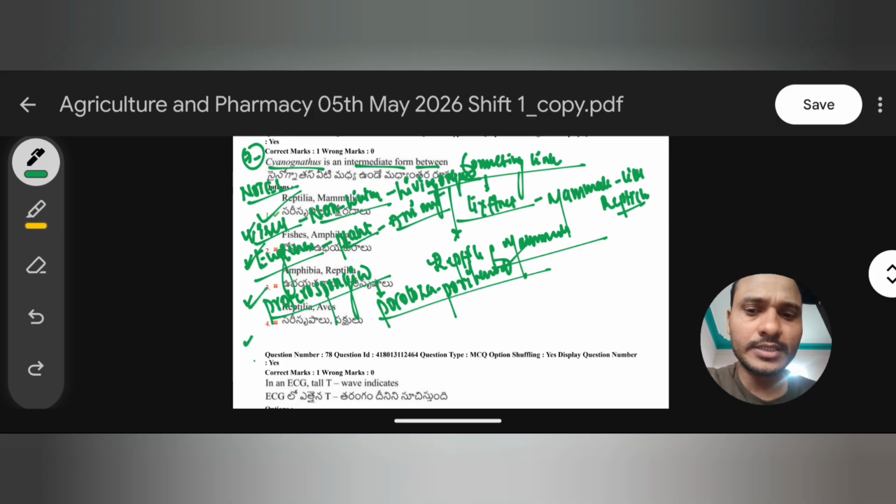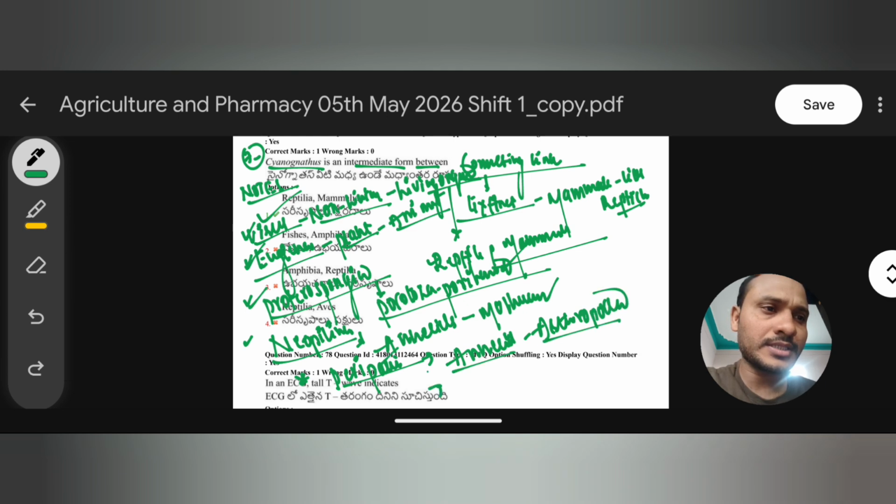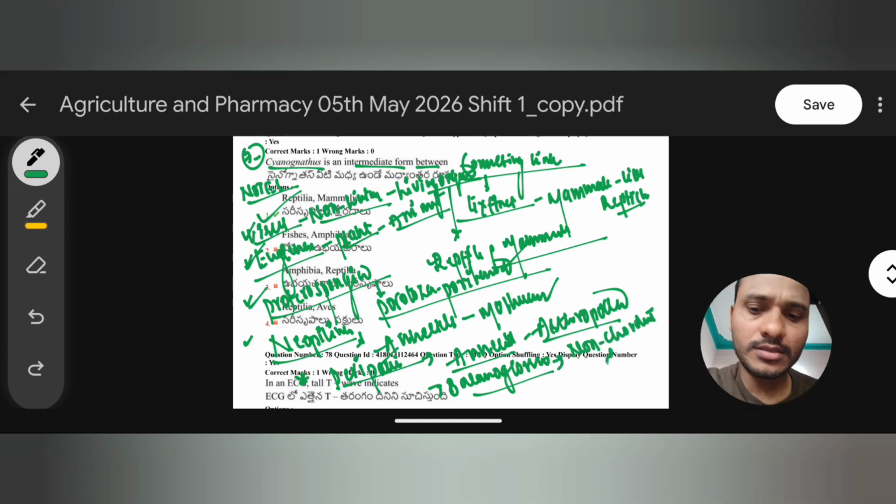And one more connecting link to remember is Neopilina. Neopilina is a connecting link between the annelid phylum and the mollusca phylum. And very important, Peripatus. Peripatus is a connecting link between Annelida and Arthropoda. And one more important intermediate form is Balanoglossus, between non-chordates and chordates.